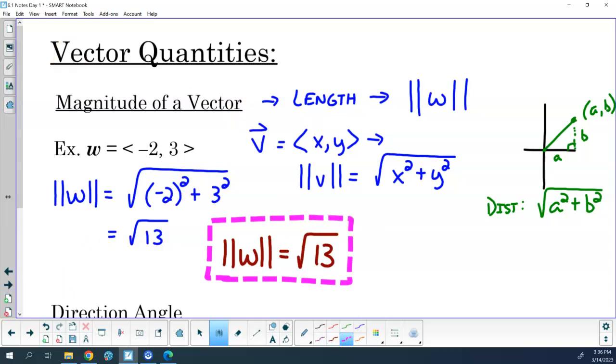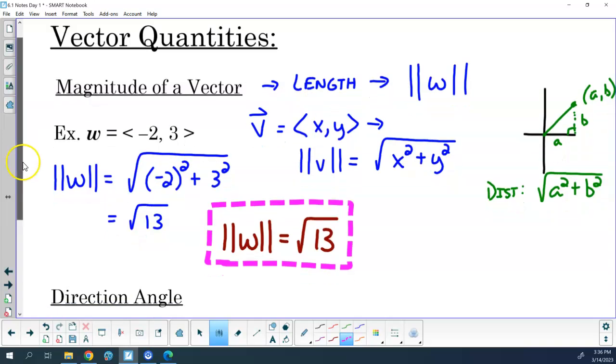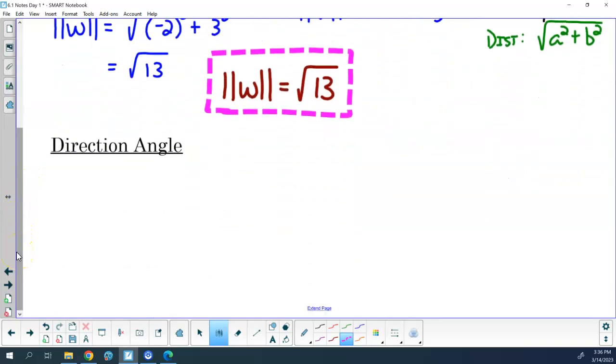Then, to find the direction angle of w, well, this now is going to be the trig angle. So just like when we were finding the angle through a point or given a certain point, back first semester when we were doing this, okay? We're going to use our reference angles.